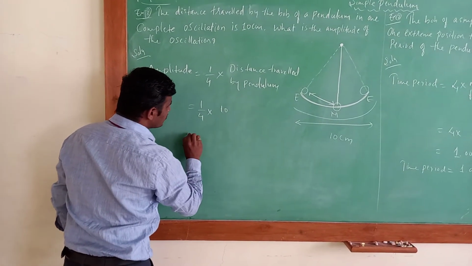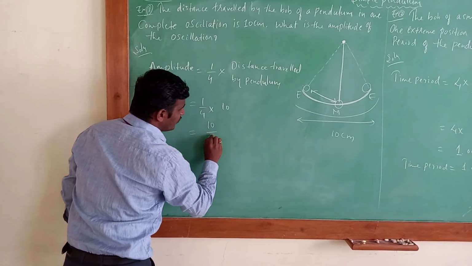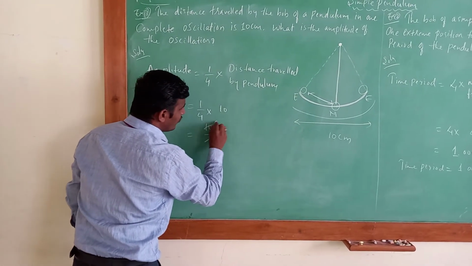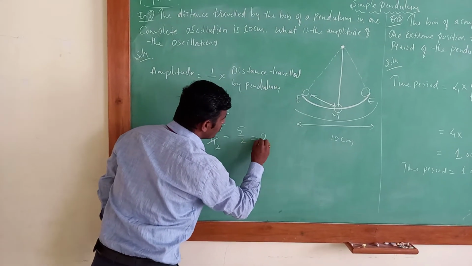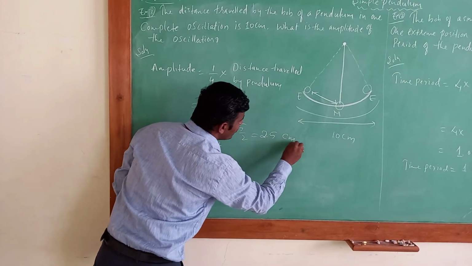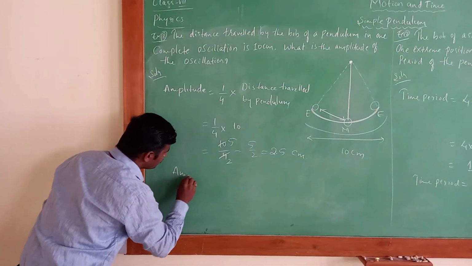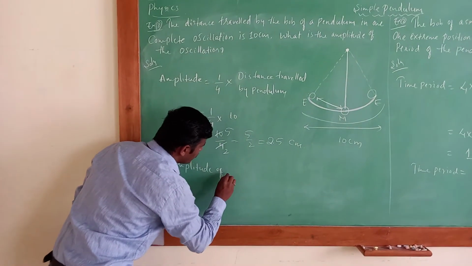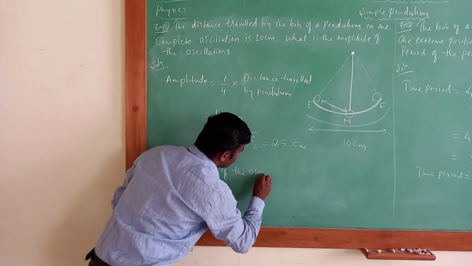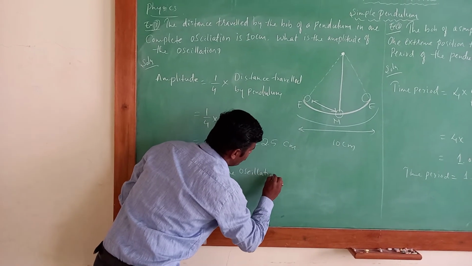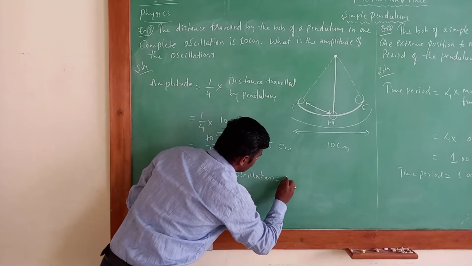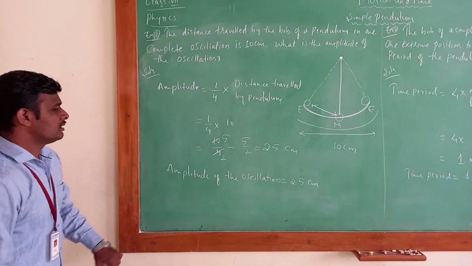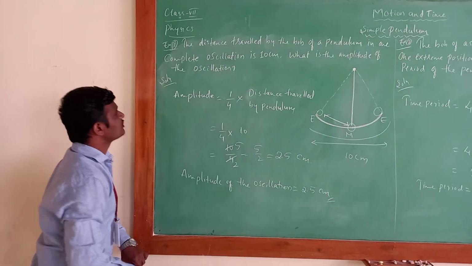So now you divide this, 10 by 4 you will get, 2 2s are 4, 2 5s are 10, so 5 by 2 is equal to 2.5 centimeter. So the amplitude of the oscillation is 2.5 centimeter, right. So this is the amplitude of this oscillation.